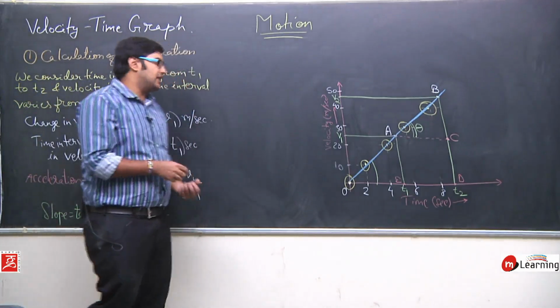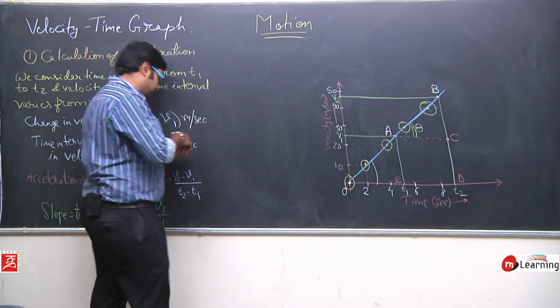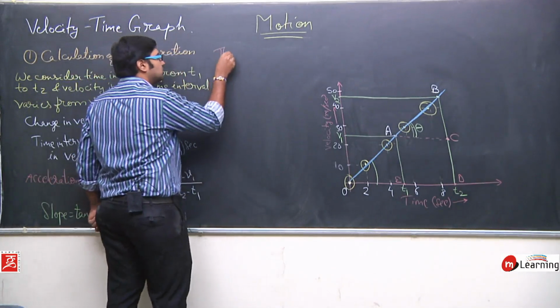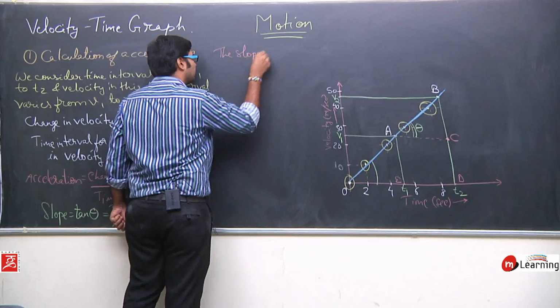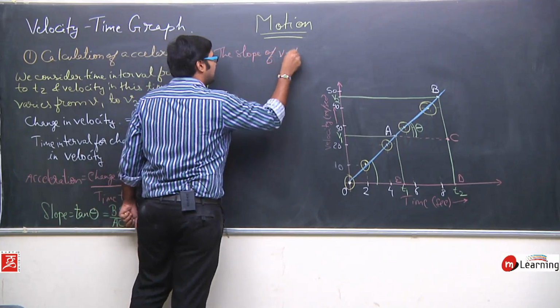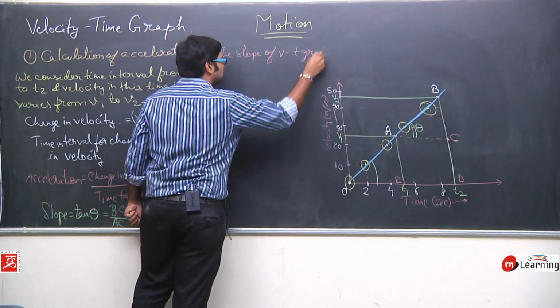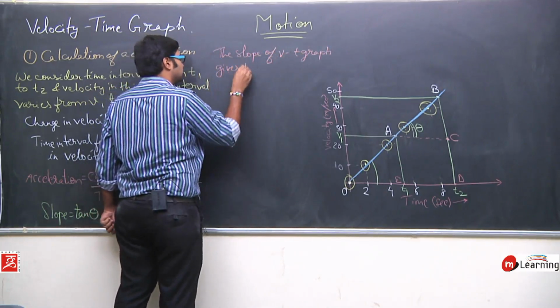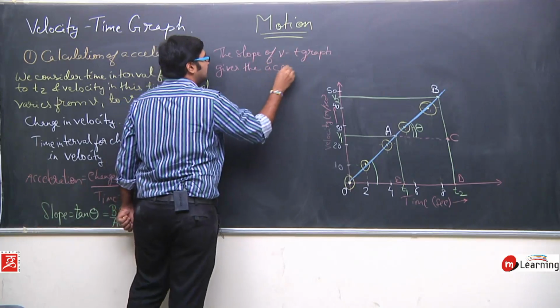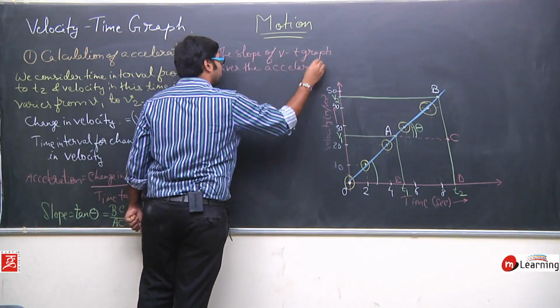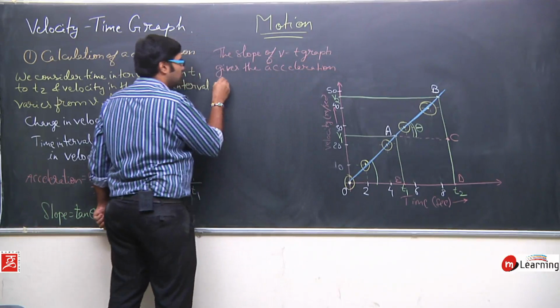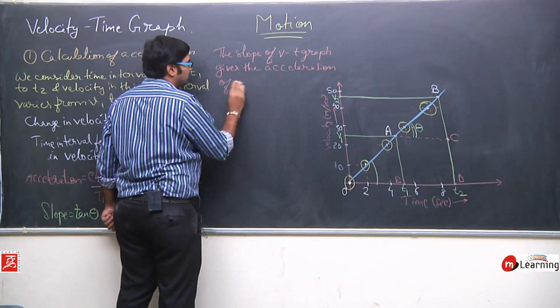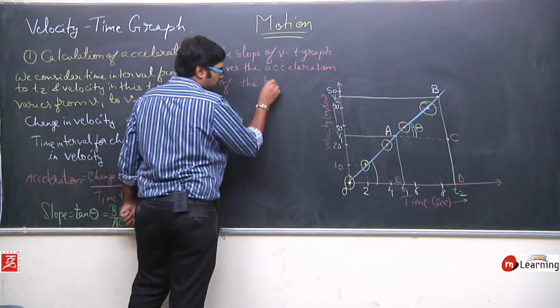So from here we can clearly say that the slope of the velocity time graph gives the acceleration of the body.